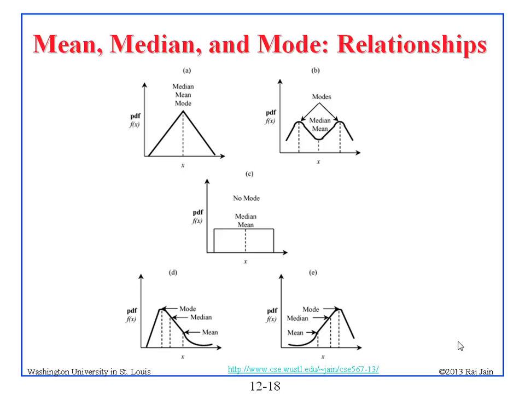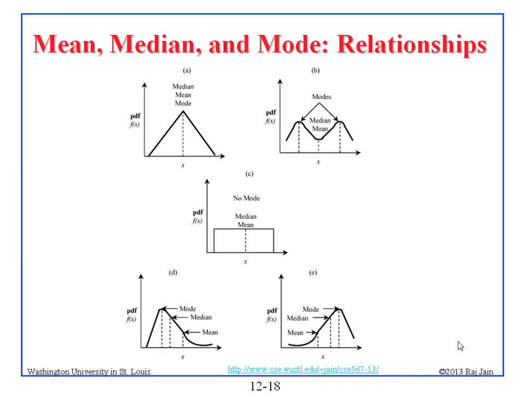Now for this distribution, the mean is here, the median is here, and the mode is here. This is a very symmetrical distribution. This distribution, same thing. There is a mean and median, but there is no mode, because there is no point at which this is higher.